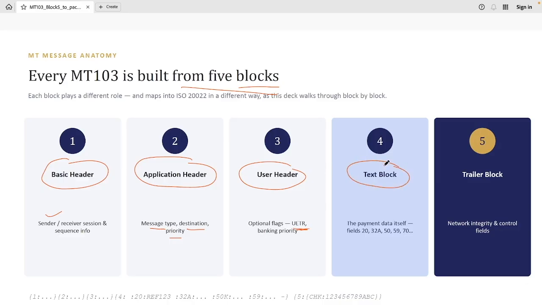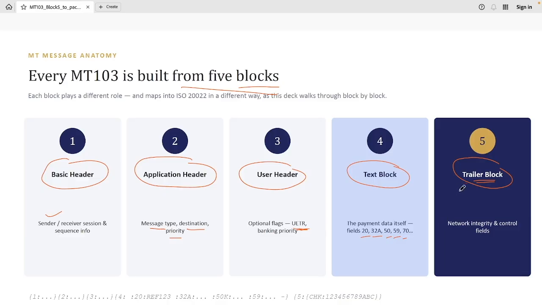Block 4, the text block, is the heart of the customer payment. This is where we see fields like 20, 32A, 50, 52, 59, and so on. Then we have block 5, our today's focus. Block 5, also called the trailer block, contains the technical controls relating to message integrity, possible duplication, delivery delay, text message identification, and certain system generated messages.